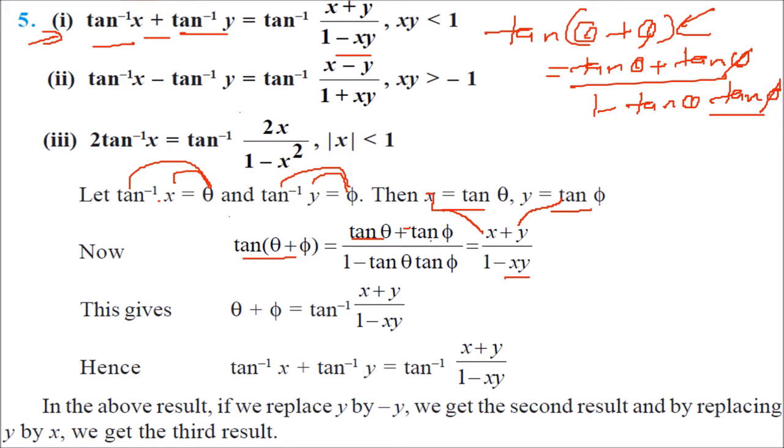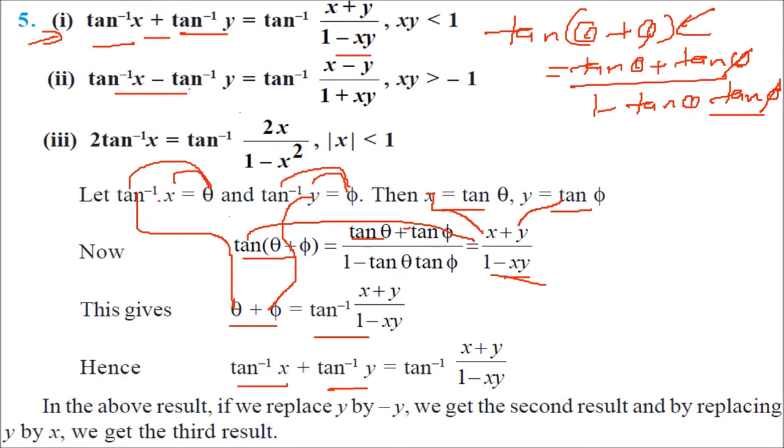Similarly here. So this becomes tan of theta plus phi is equal to x plus y by 1 minus xy. Take tan inverse here. So tan inverse of x plus y by 1 minus xy will be theta plus phi. But what was theta? It was tan inverse x. What was phi? It was tan inverse y. So tan inverse x plus tan inverse y becomes tan inverse of x plus y by 1 minus xy.